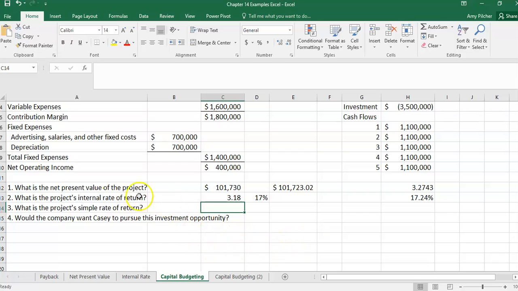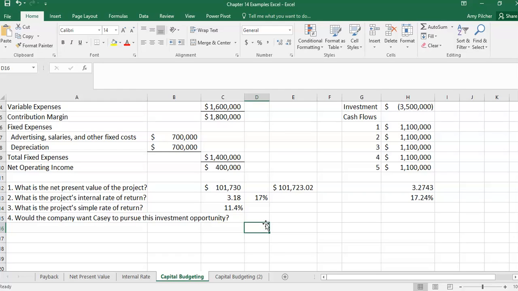That is calculated by, instead of using cash flows, using the operating income. So we take the operating income divided by the investment of 3.5 million, and we want a percent. So the simple rate of return is 11.4%.